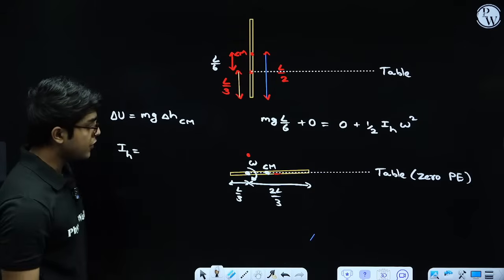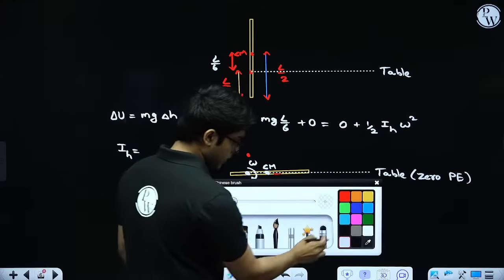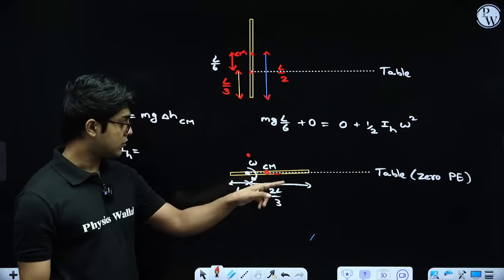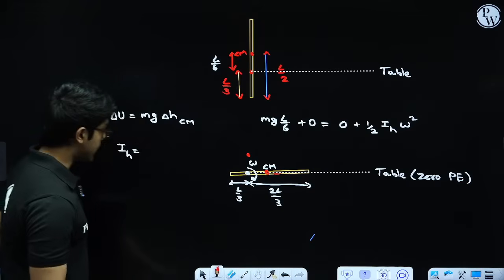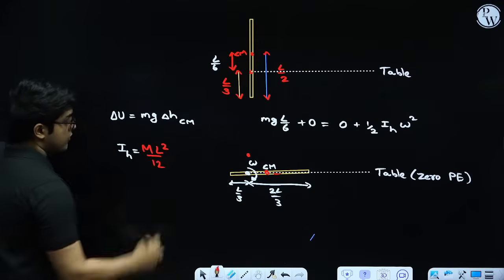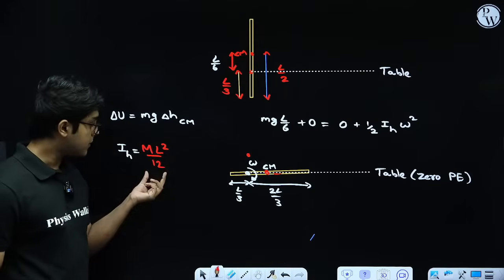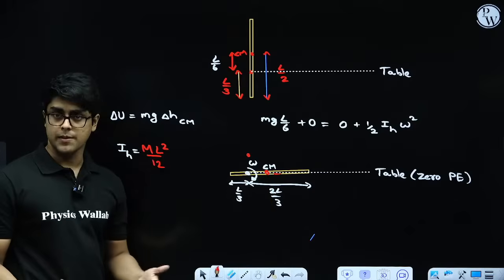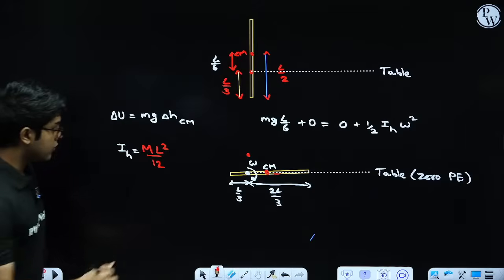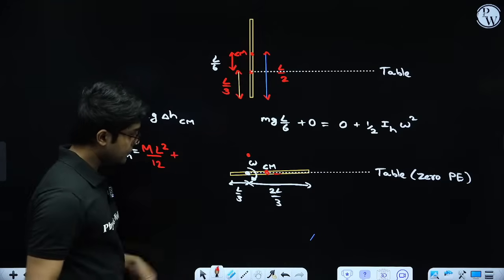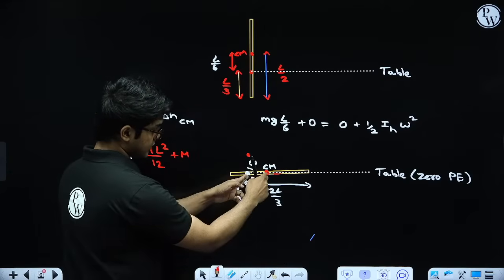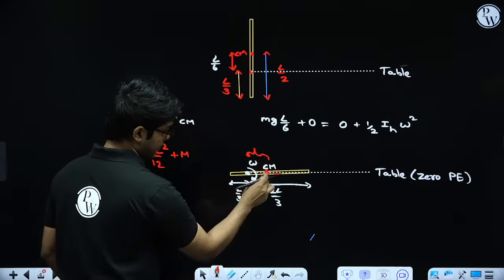For this we have to use the parallel axis theorem. We know that the moment of inertia about an axis passing through the center of mass is ml square by 12. In the parallel axis theorem, this ml square by 12 is the ICM, the moment of inertia about the center of mass axis, the horizontal axis. To this we have to add the mass of the rod m times d squared, where d is the distance between the center of mass and the hinge.